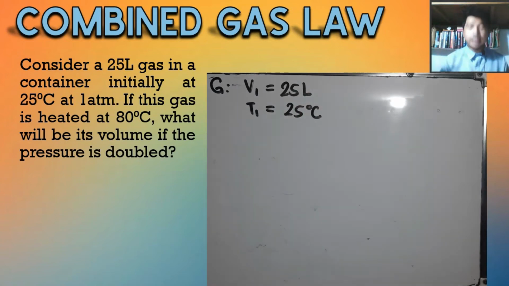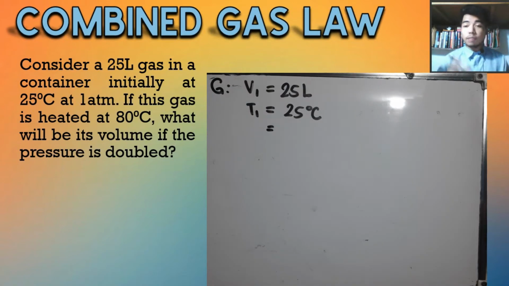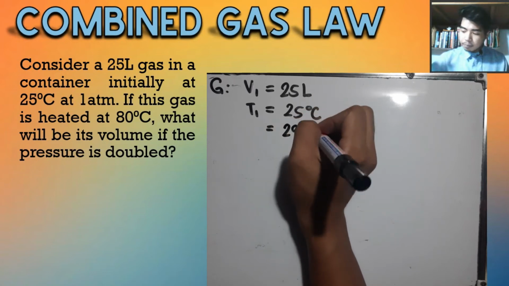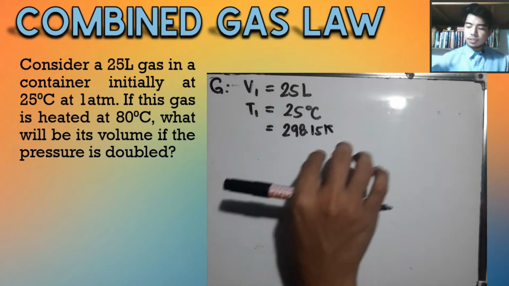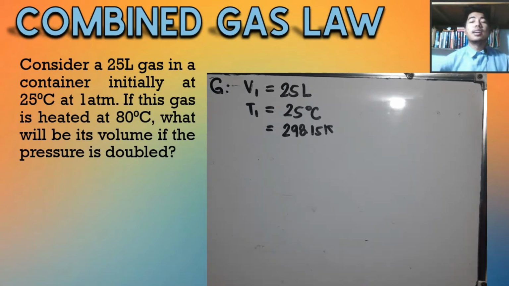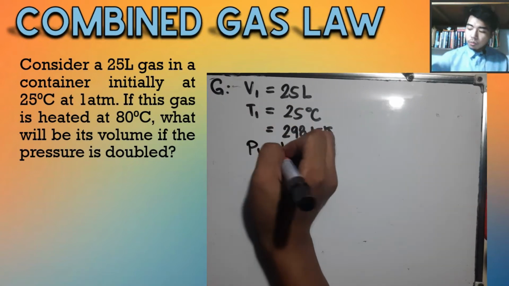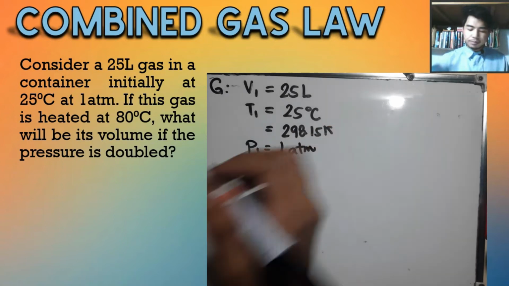Once again, the unit we are going to use here is Kelvin, so we convert 25 degrees Celsius plus 273.15, which gives us 298.15 Kelvin. This is our initial temperature. Then, as mentioned here, the initial pressure is 1 atmosphere.